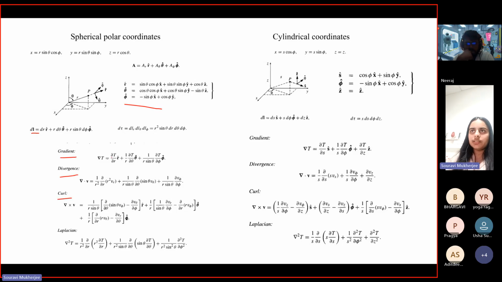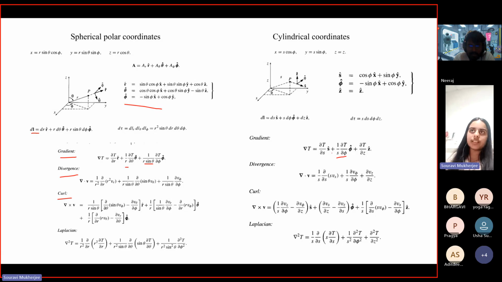Okay. So basically, one can try to learn this, but you don't have to, because there can be different coordinate systems, and it can be difficult to actually remember all of these things. What you have to remember is how we get to the scale factors, which come in here, right? These are all the scale factors that are coming in. The coefficients at the front come from the scale factors.